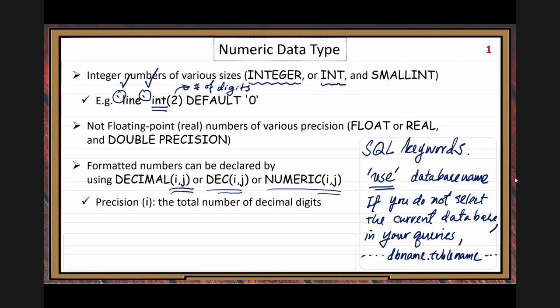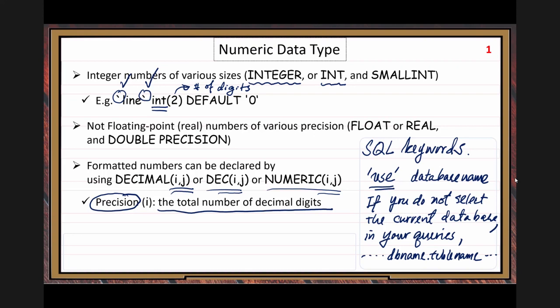In our textbook, it says precision i is the total number of decimal digits. This part is correct. But this name, precision, is a little confusing. Because when people use scientific notation, the precision part refers to the number of digits after the decimal point.